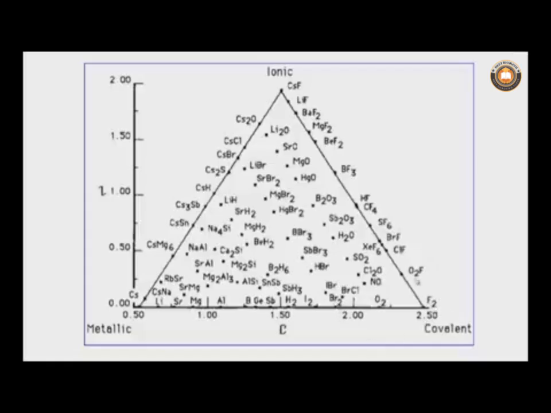So, if we go along this line, we see that we have just seen species like OF2, and similarly other binary species are also forming, and water is in between.